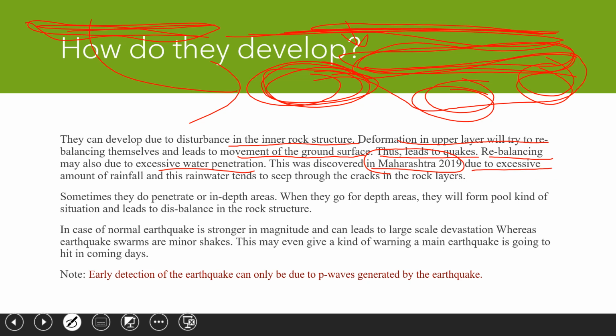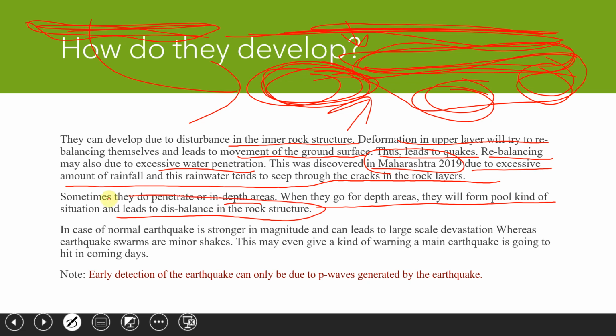So due to an excessive amount of rainfall, rainwater tends to seep through the cracks in the rock layers, and it causes earthquake swarms. Sometimes it penetrates to deep areas, and there it forms a pool, as I explained here, leading to disbalance in the rock structure, and ultimately when the rock tries to balance it, it causes an earthquake.